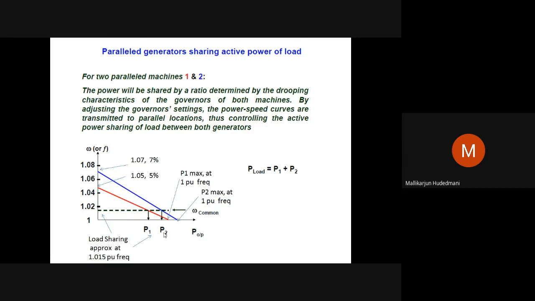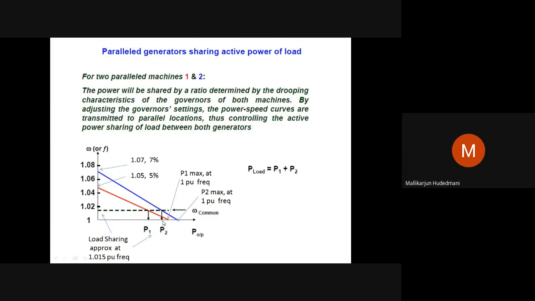When these two generators are in parallel, developing a certain output P load, say P1 megawatt, P2 megawatt, the frequency at which these two operate to deal with this P load is understood by drawing a horizontal line on this graphical representation. The line intersecting the red curve drops down to the x-axis at P1 megawatt, and the same line intersecting the blue line gives P2. If I add P1 plus P2, it becomes the load.